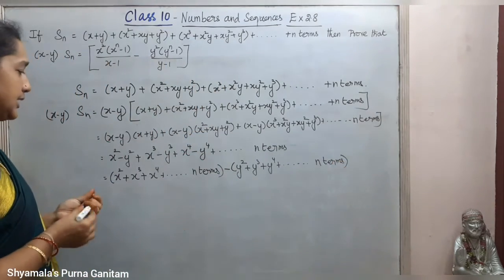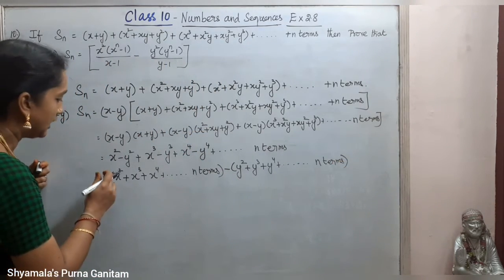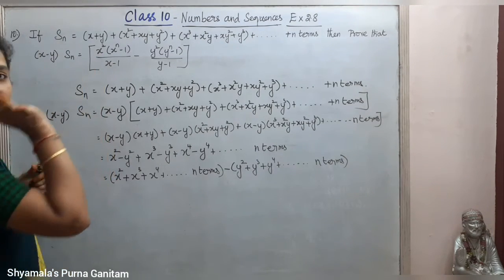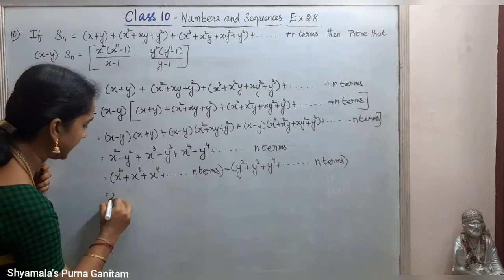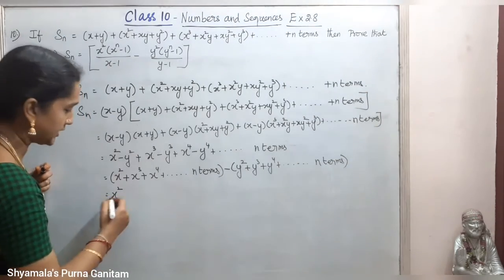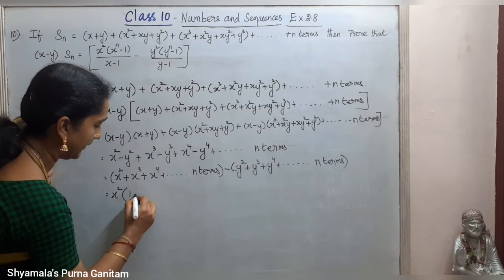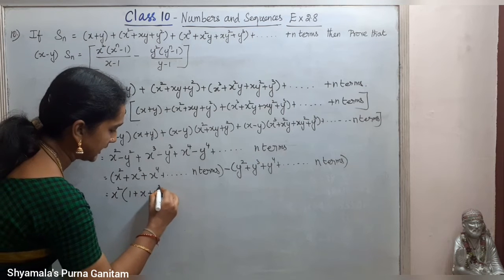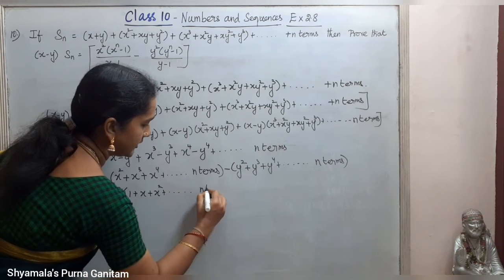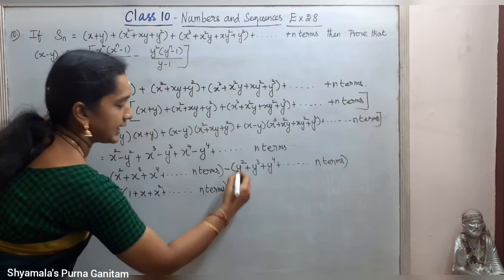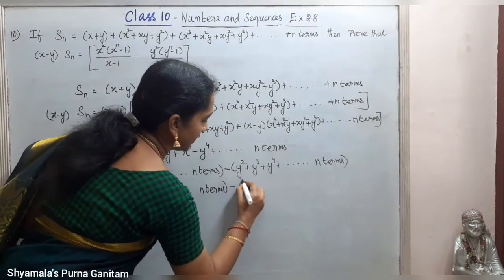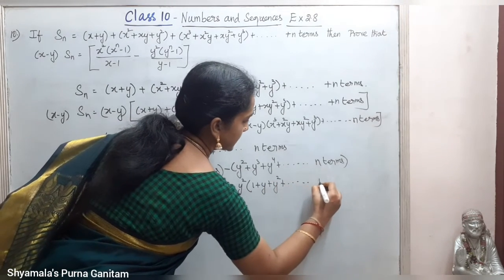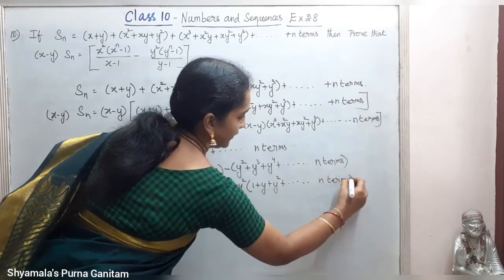Okay, so now next step, I'll take x squared common out. When I take x squared outside, the remaining terms will be 1 plus x plus x squared up to n terms. Same way here also, y squared into 1 plus y plus y squared up to n terms.